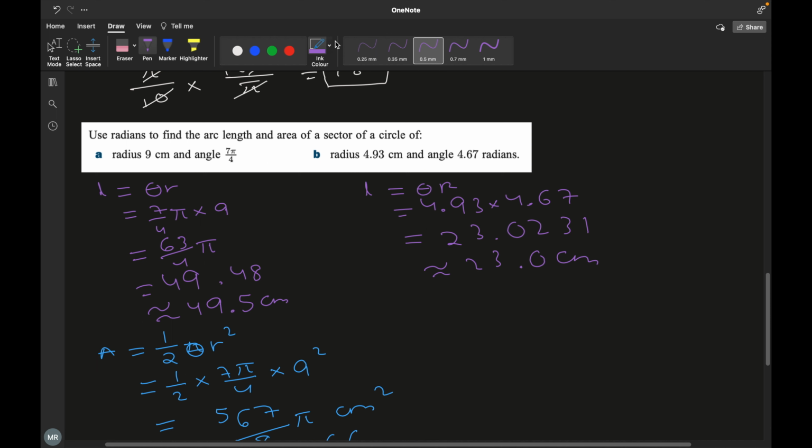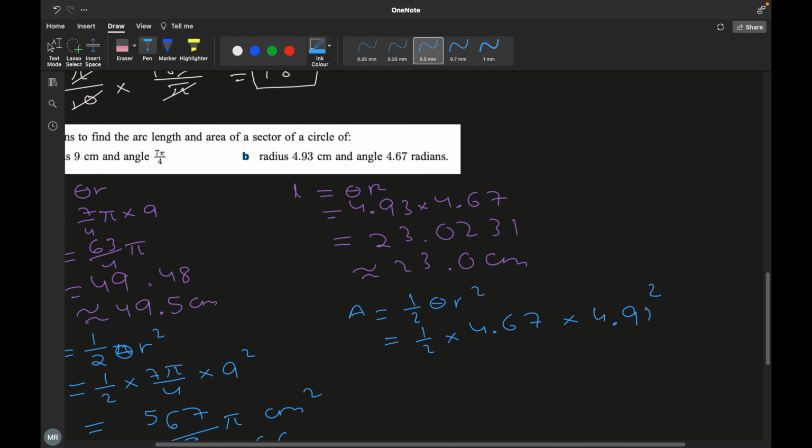Now let's find the area. So we use the same formula. A equals half theta r squared. So half into 4.67 into 4.93 whole squared. Now let's plug this into the calculator.